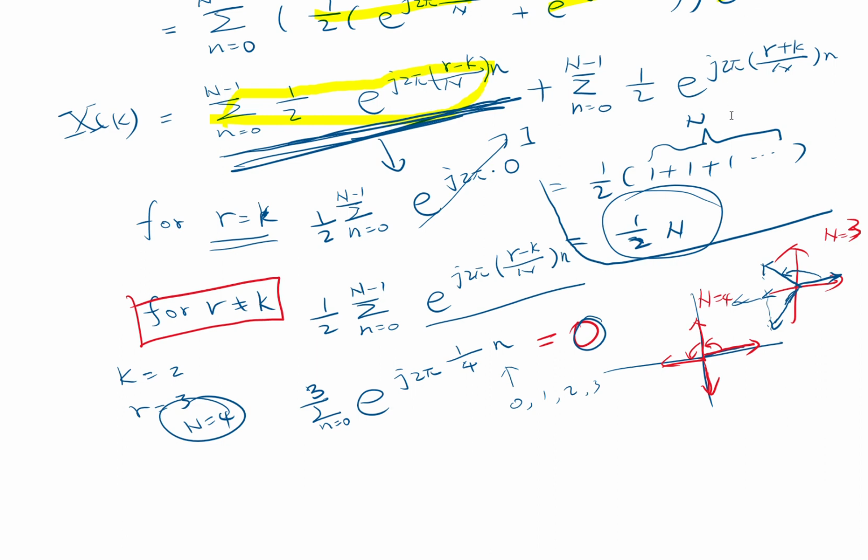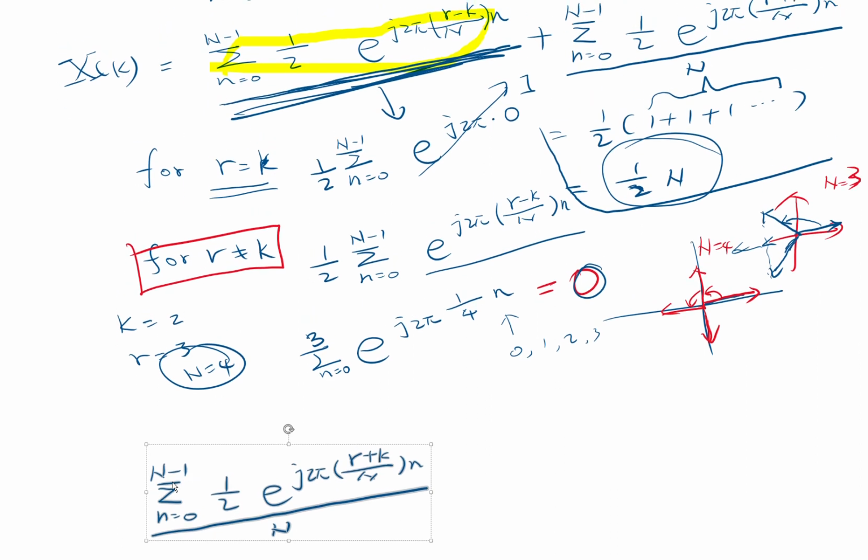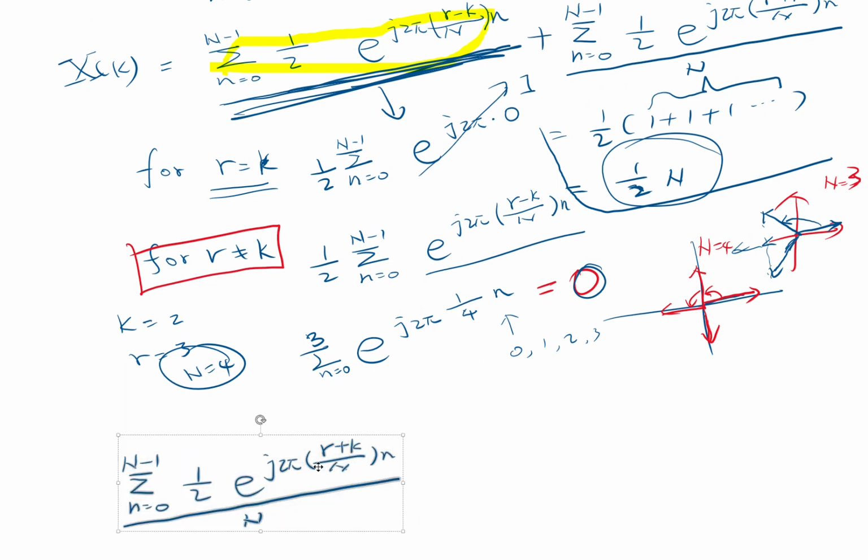All right, so what about the second term? Maybe let me copy paste it to a different place. For the second term, when r equal to k, this is just another number.